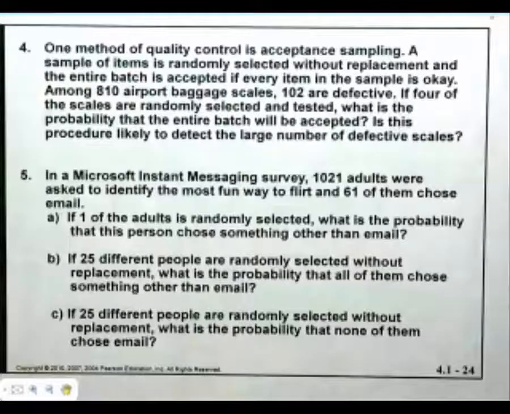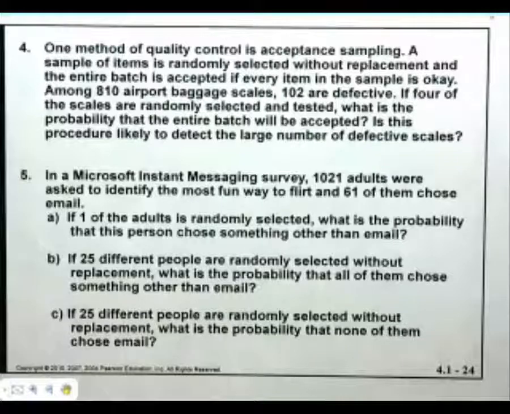No, there are more than just one bad one in the batch. That would give me the probability that I find a bad one, but I ask for the probability that I find a good one. You see how important it's going to be to read carefully here? If I ask for a probability that one is accepted and you say 102 divided by 810, you got the right answer to the wrong question. You just told me the probability that one is bad. So how are you going to get the probability that one is good?